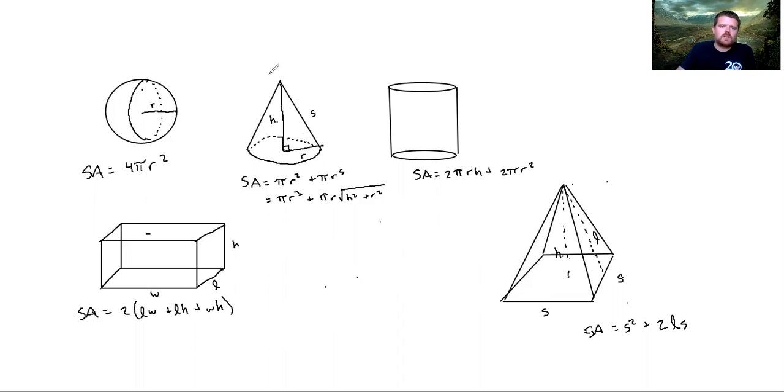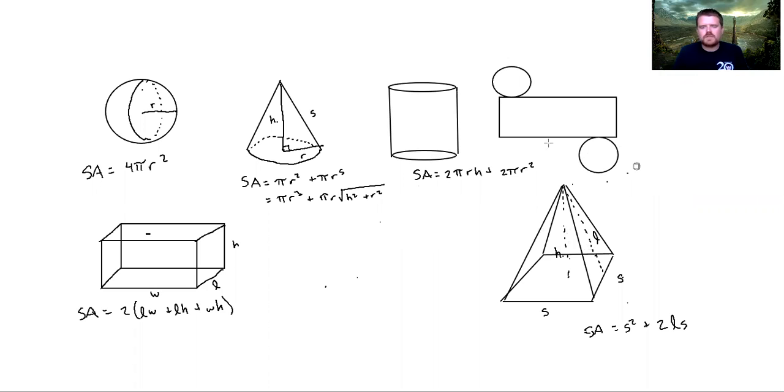So for instance, if I look at the cone, I may not commit this to memory because I know that if I take apart this shape, I'm going to end up with a circle on the top and bottom, and then around the outside, the wrapper, if you will, I end up with a rectangle. So all this surface area formula is really doing is finding the area of those 3 two-dimensional shapes and adding them together.